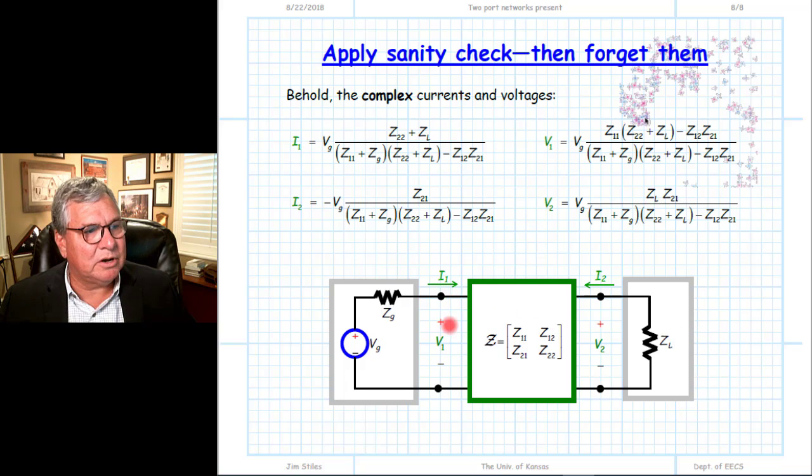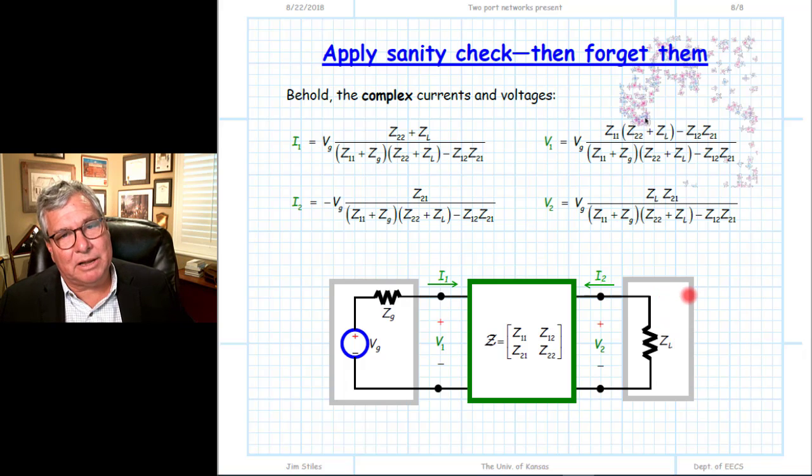And once we know the currents and voltages, we can determine the power flow across each of the planes, the rate at which energy is being delivered by this equivalent source and absorbed by this input impedance, this equivalent circuit ZL on this side. So we have the parameters to get all the answers we want. Yes, we could take these values and stick them in here and do some calculations and get the answer, but that's not how we want to do it in this class.